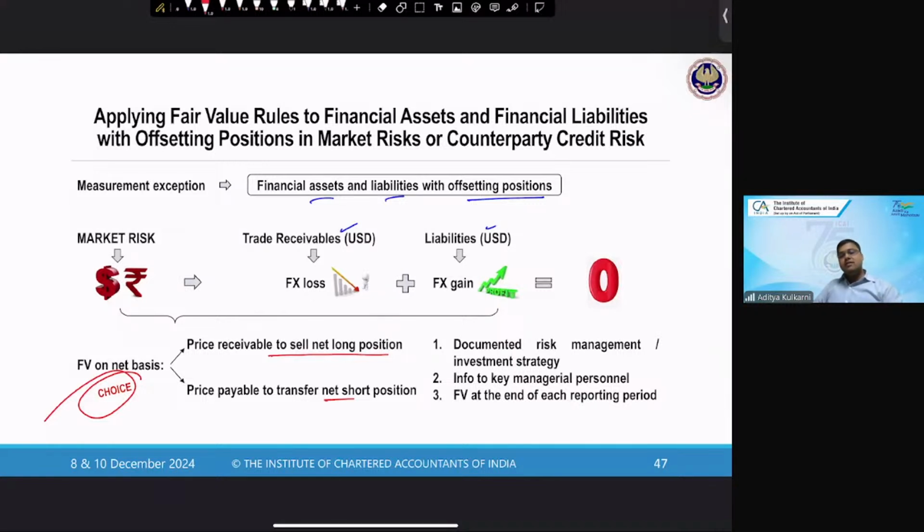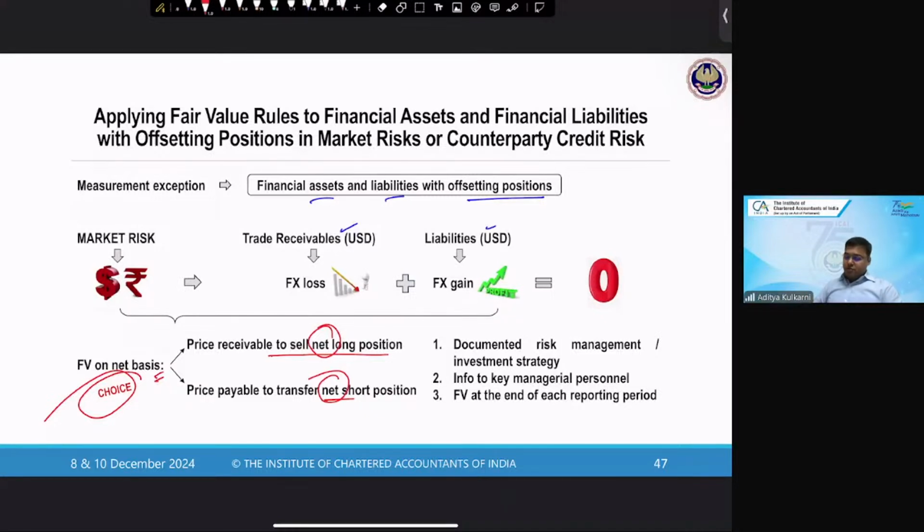So now the question that arises is, how do I do my valuation? Both of these are on net basis. Okay. So now the question is, should I do a fair valuation of receivable separately or payable separately, or can I net it off? So the option that is available, the standard says it is your choice.